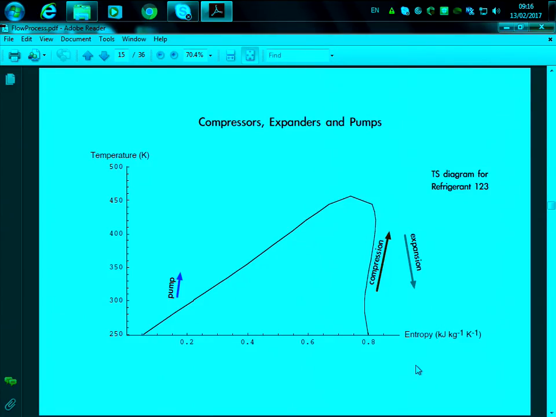So here, if we compress a gas, what will happen to the entropy through compression? What can you see? Here it was more or less at that level, and what happens to the entropy? Increases.